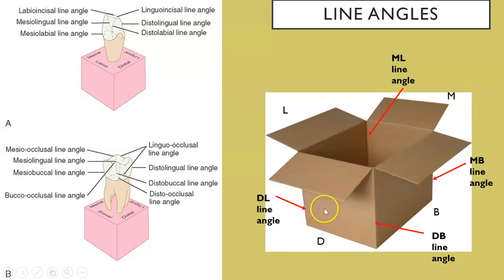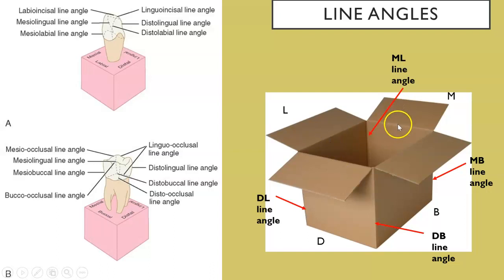And just as you have for these surfaces here, if you were to have even two surfaces, you could have a mesio-occlusal line angle, which would be more here. So this is the distal surface, this is the occlusal surface. Where the two come together and meet would be your disto-occlusal line angle. Same here, linguo-occlusal line angle.